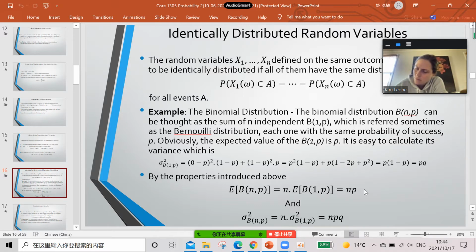NP is 1,000 times 2.5%, and NPQ is 1,000 times 2.5% times 97.5%. And yeah, it's just what you have said. So you have calculated the expected value and the standard deviation. But just remember, you need to take the square root of the variance to get the standard deviation.